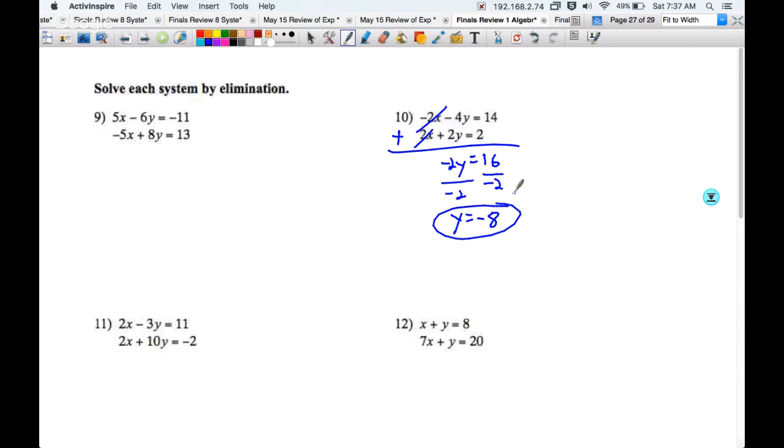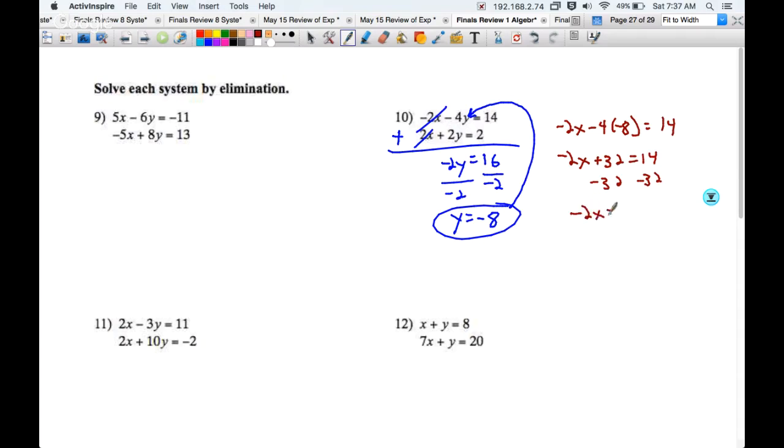Plug that back in to anywhere where we have both an x and a y. Just do this top one because it's easy. Negative 2x minus 4 times negative 8 equals 14. Negative 2x plus 32 equals 14. Minus 32, minus 32.